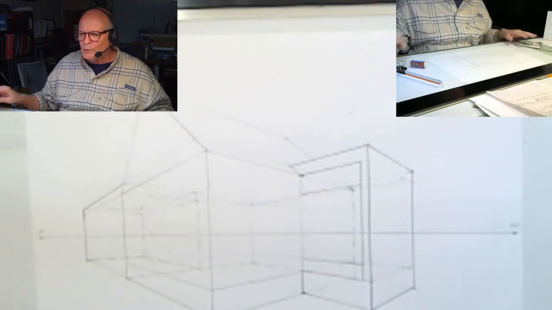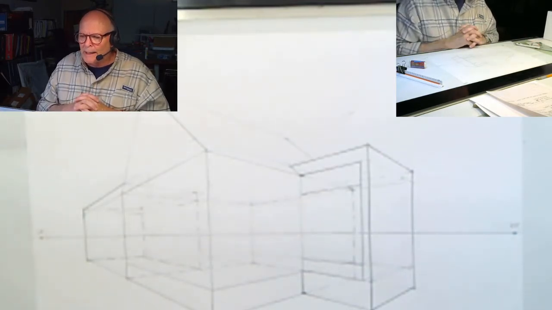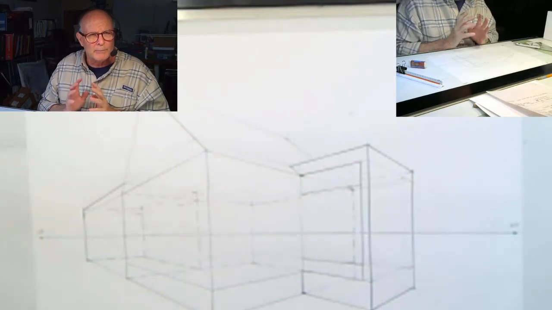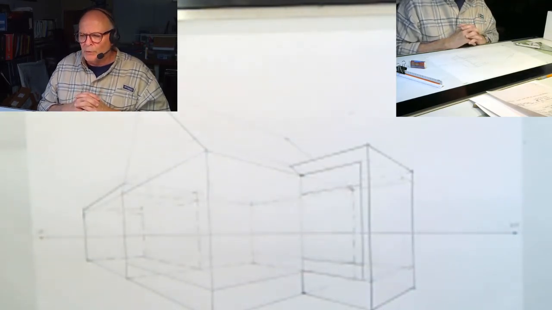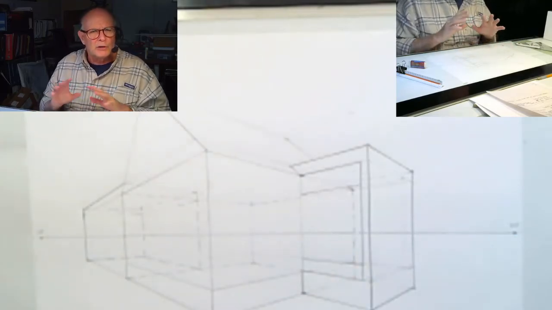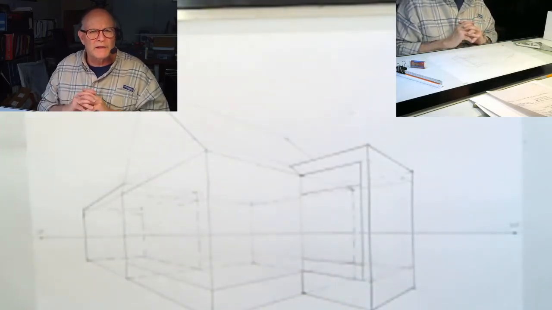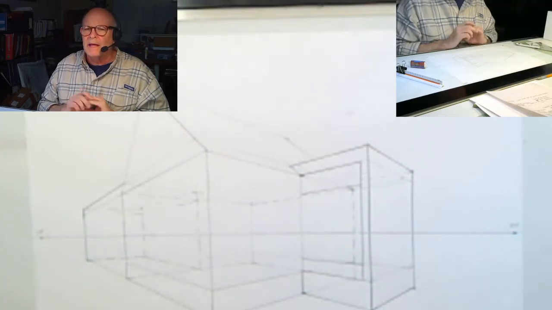So that pretty much concludes our demonstration on the two-point perspective. Please remember that this does not have to be finished up. You could just follow along with this video, draw this stuff up, and then I want you to upload it into Canvas.